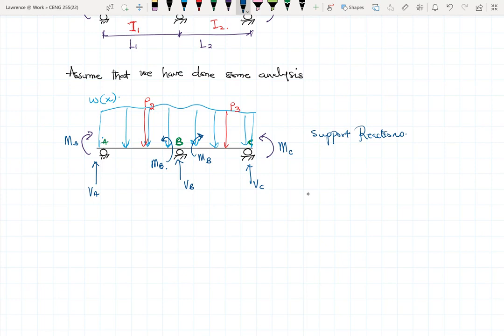Okay. So if you have a case like this and you want to analyze it, it is easier to break this into different components. You can look at the case whereby you have only the bending moment.